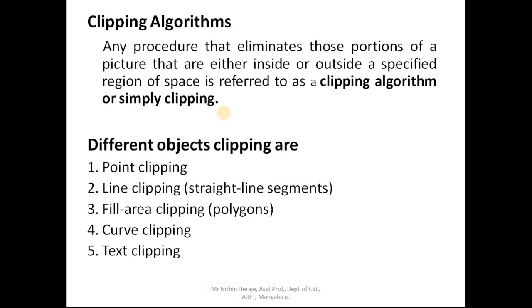For these two we have good algorithms. For line clipping we have the Cohen-Sutherland line clipping algorithm. For fill area clipping, that is for polygons, we have the Sutherland-Hodgman polygon clipping algorithm. These two are important for us in the syllabus.